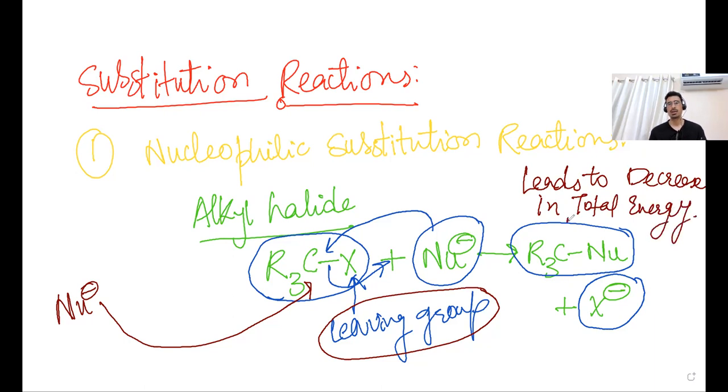Only if the energy of this product, that's R3CNu, is lower than that of this alkyl halide, then only the reaction shall proceed. Otherwise, this reaction may not be feasible at all.